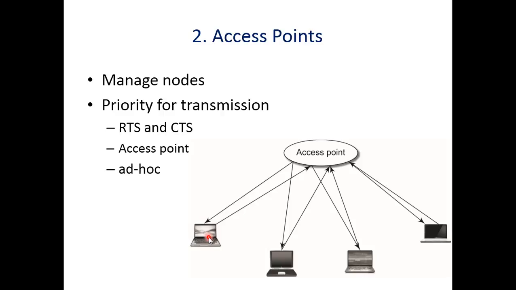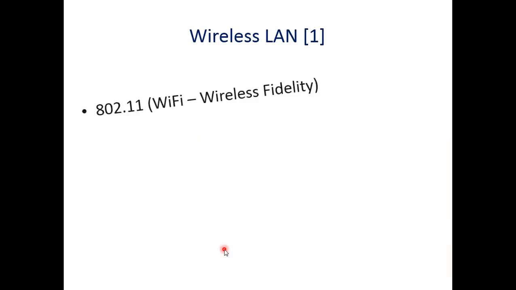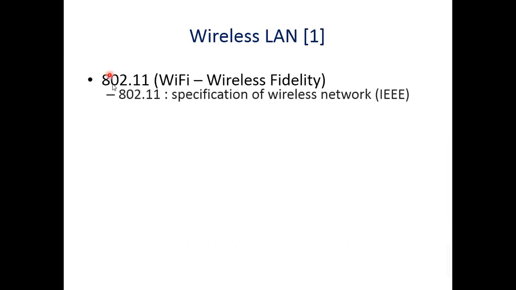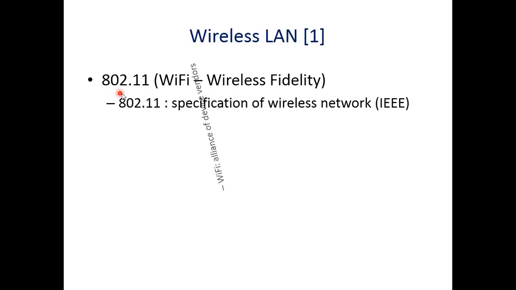If a node sends an RTS, request to send, to any other node, and the different node, the receiver, can send the CTS to the sender, then the first priority for the transmission goes to such nodes. Second is the access point, so it is via an intermediate access point. And the last one is ad hoc, which means a node can communicate directly with another node, so that is the priority.